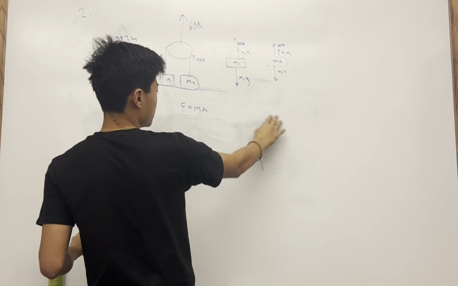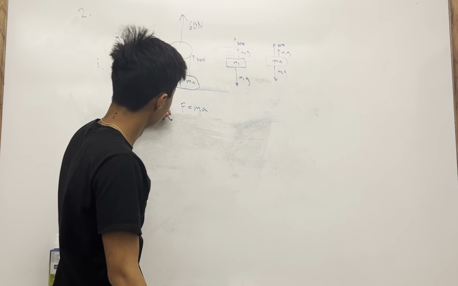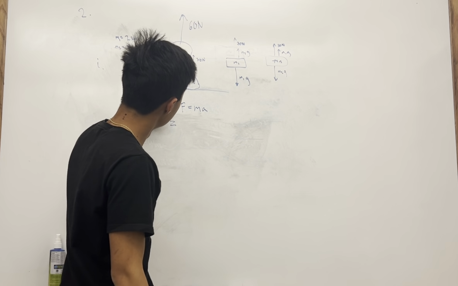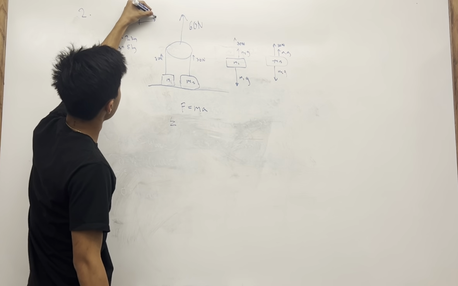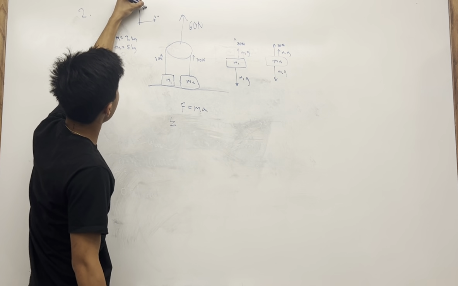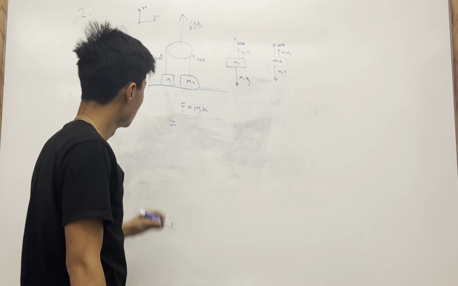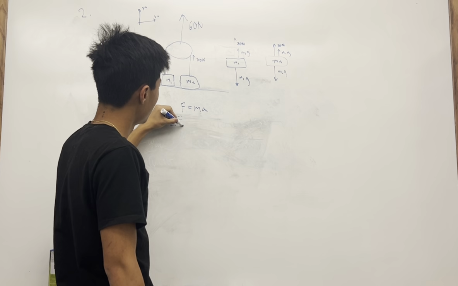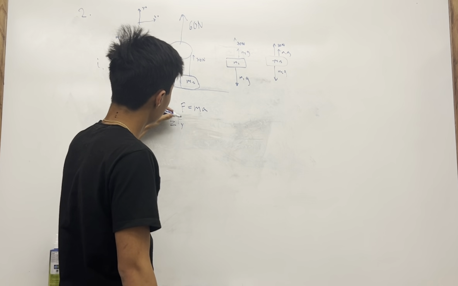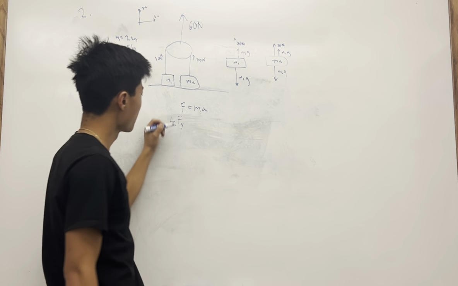So in order to find acceleration, we can say that the sum, we also have to define our axes. This is going to be x, this is going to be y. So the sum of the forces in the y direction, so we're only going up and down. This just means sum.